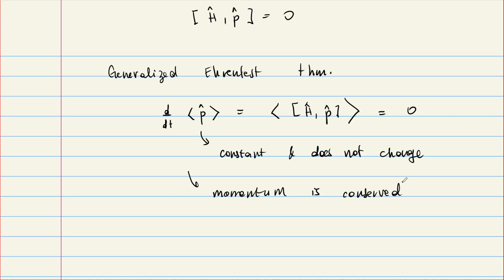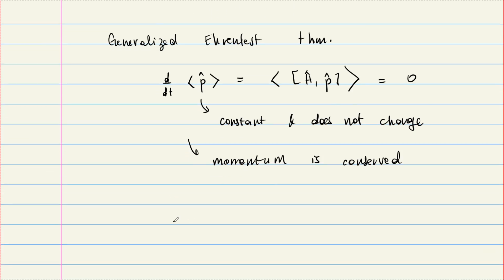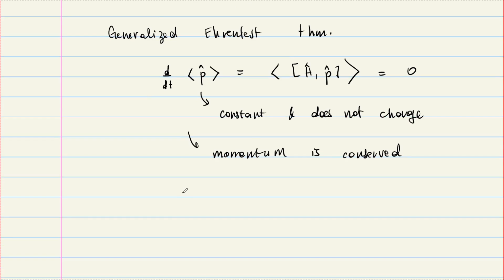There is also another definition in your book, you can check it out. Here we defined conservation in terms of expectation value. But you can also look at it in terms of eigenvalues. If you make a measurement, it's going to give a certain eigenvalue with a certain probability. That also doesn't change with time if there is continuous translation symmetry. You can read your book if you are interested.